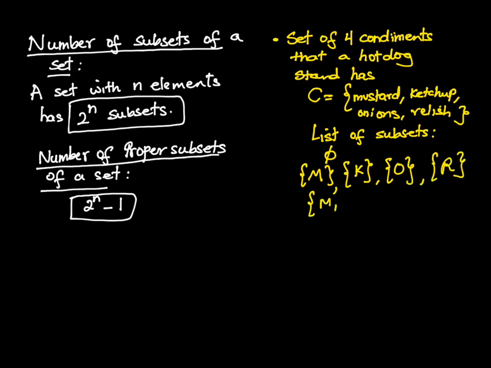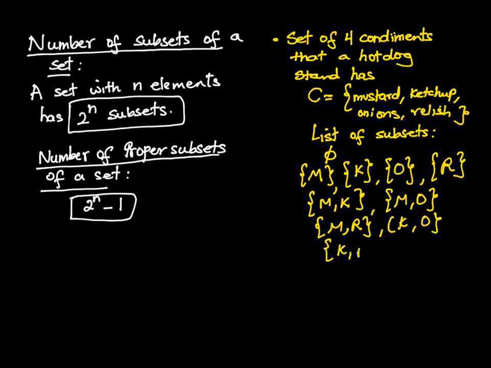Some people might want two toppings, so mustard and ketchup, mustard and onions, mustard and relish, ketchup and onions, ketchup and relish, or onions and relish. So the individual ones are 4, and these are 6.